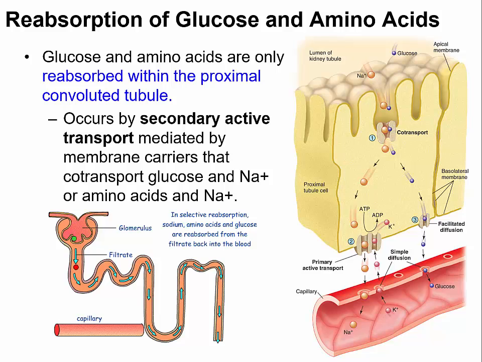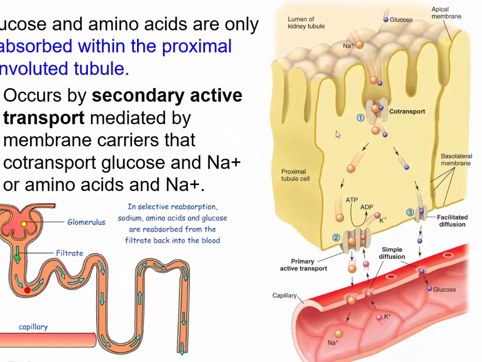Well, when you look at glucose and amino acids, the way that they're transported is by secondary active transport, which is mediated by membrane carriers that co-transport glucose and sodium, or amino acids and sodium, into the proximal convoluted tubule. So remember, in secondary active transport, ATP is not directly used with this co-transporter here.